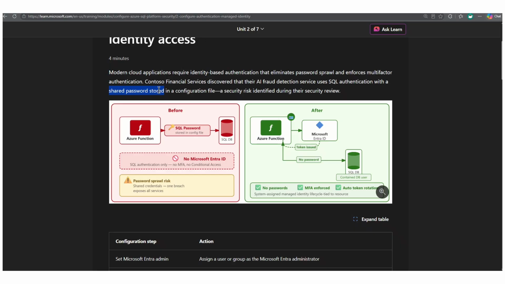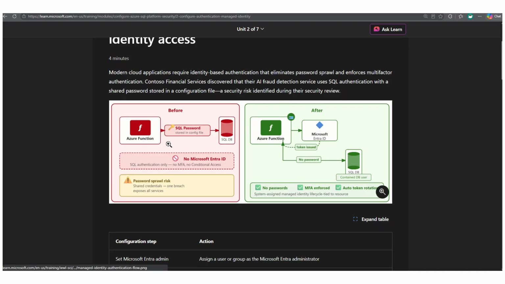But it is so easy to share a password, and sometimes IT departments, and believe me, I have been in IT for many years, and yes, this happens a lot. Not just in SQL, but in all kinds of things. You know, passwords are shared. Period. Which is a security risk identified during their security review in this company.